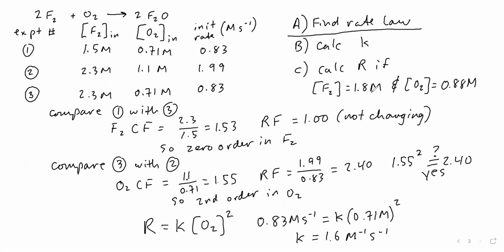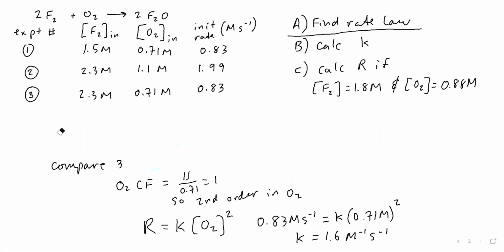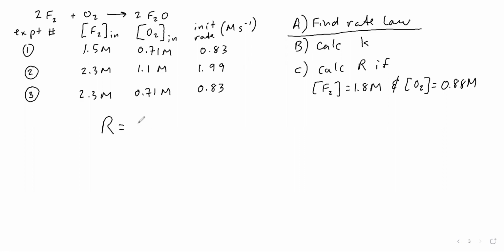So I'm going to erase a little bit, and knowing what our value is for K and knowing our overall rate law, we can find the rate under those new conditions. So we want to know what the rate is, and we have our rate law.